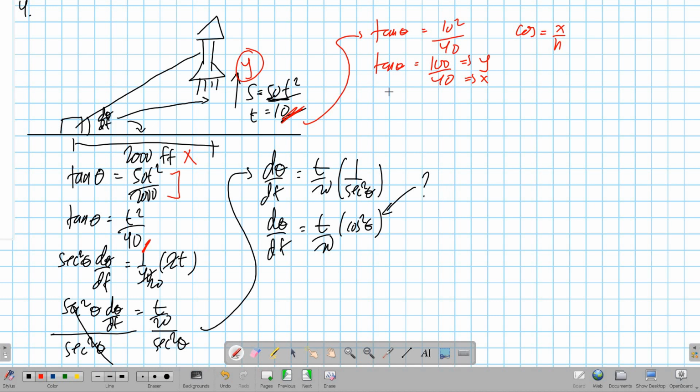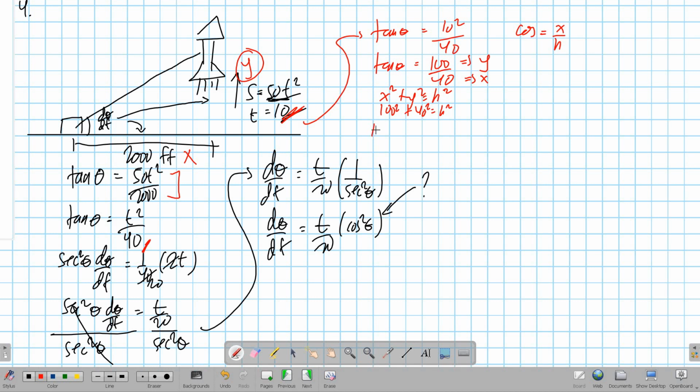Since it's a right triangle, we have x squared plus y squared is equal to h squared. So, in this specific case, 100 squared plus 40 squared is equal to h squared.